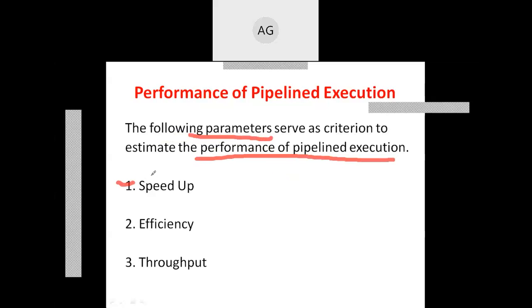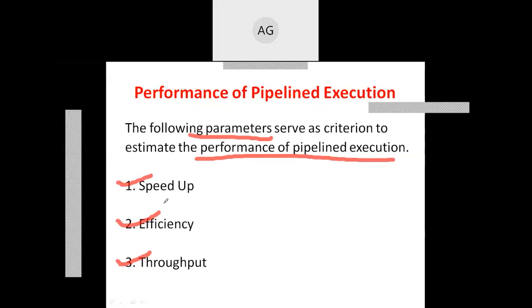First is speed up, second is efficiency, and the third is throughput. These are the three important parameters on which numericals are based, and there are unique formulas to calculate these three parameters.